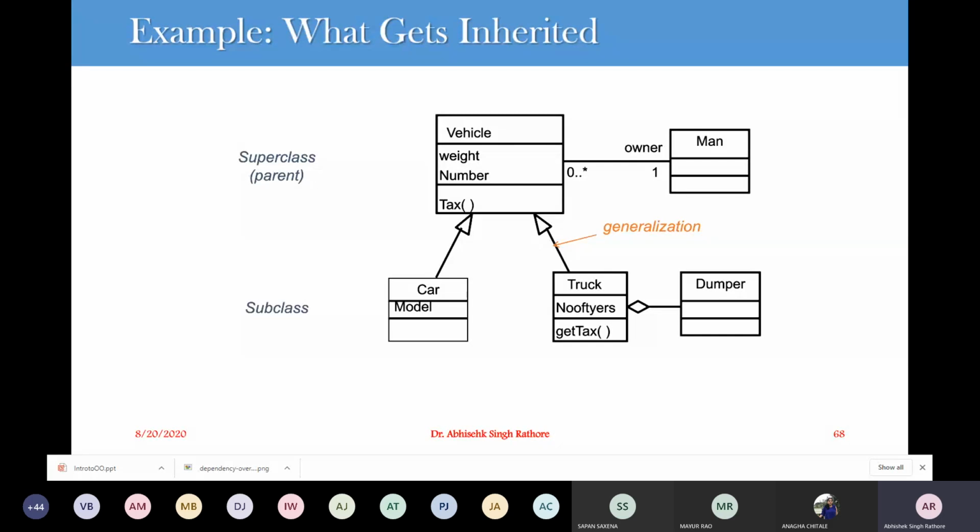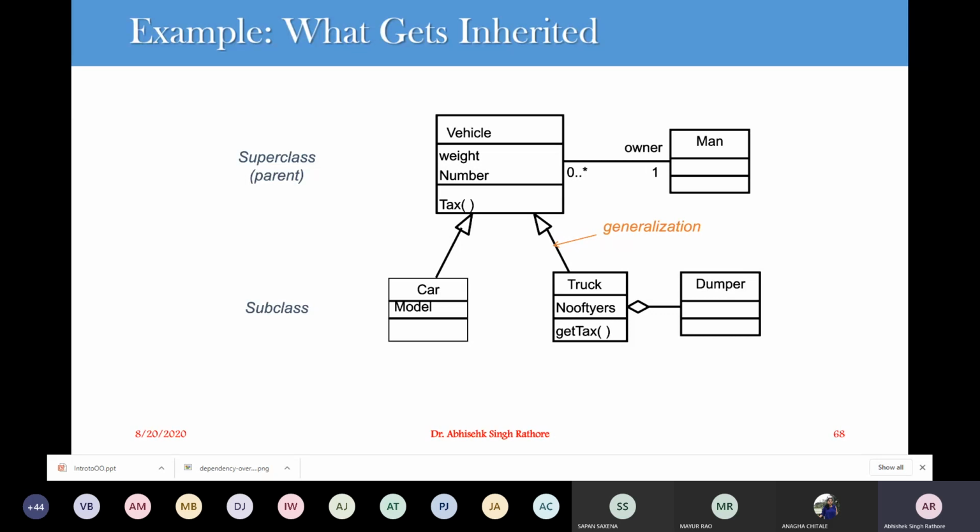So man is an owner of a vehicle, and one man can have zero or many vehicles. This vehicle is a superclass, and it has the attributes weight and number, and the behavior is tax for that vehicle. In addition, it has an association relationship with the man. So a man can have multiple vehicles.